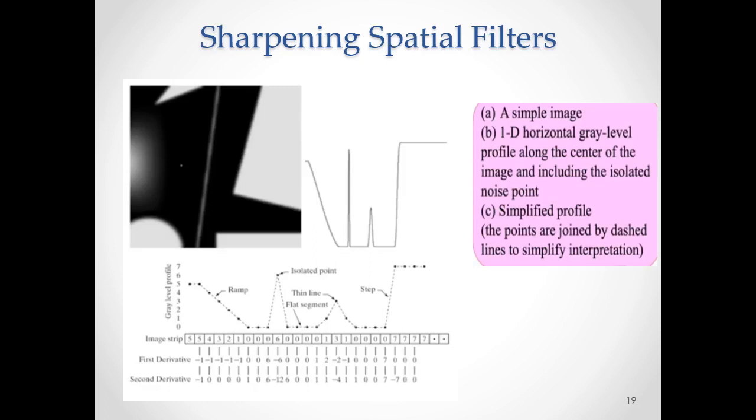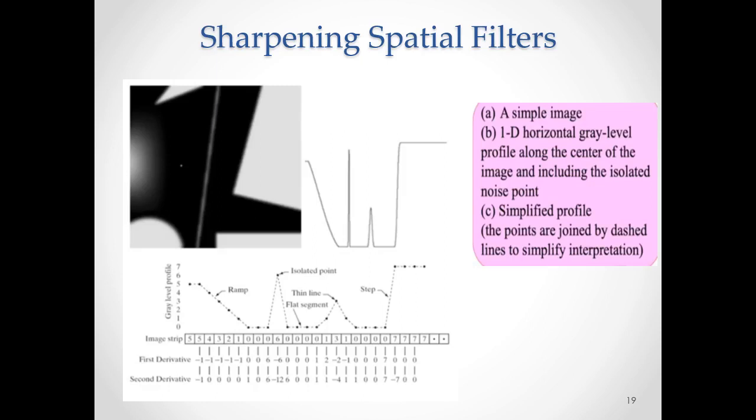So, from the definition it is 4 minus 5, it is minus 1. In the same way we can find for other values also. 3 minus 4 it is minus 1, 2 minus 3 it is minus 1, 1 minus 2 it is again minus 1. Likewise 0 minus 6 it is minus 6, 1 minus 3 it is minus 2. Likewise we can find the values for first order derivative.